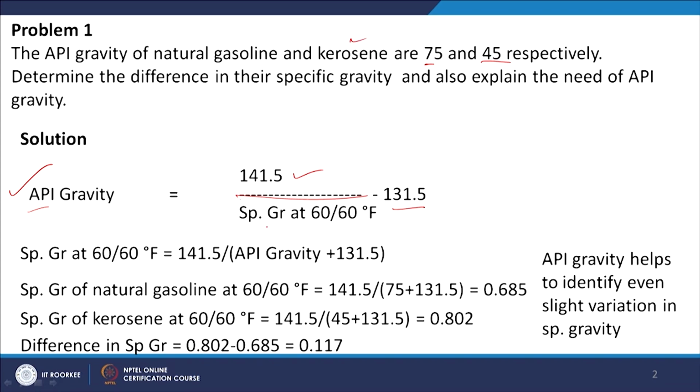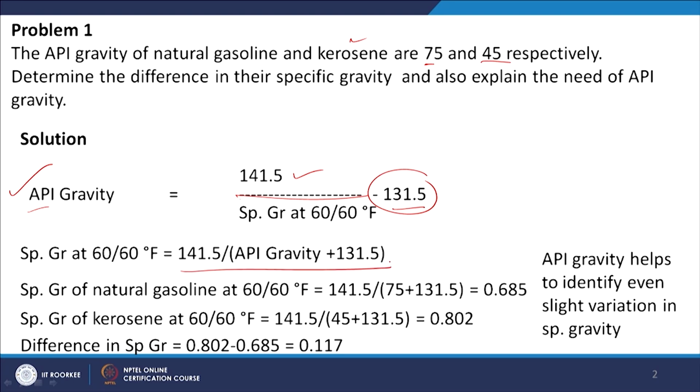So, from this relationship we can get specific gravity equal to 141.5 divided by (degree API plus 131.5). Why? Just take it this way: if we take the degree API part on the left side, plus 131.5, it comes here.